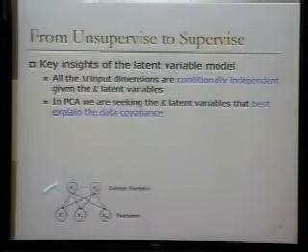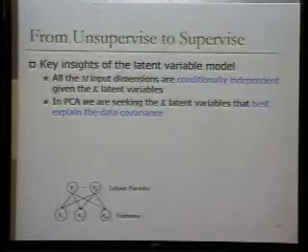So given the latent factors, these dimensions are independent of each other. In this way, we can think PCA is trying to look for k latent variables that best explain the data covariance, because after you make this projection, the dimensions of features are independent of each other. So this is a key insight of the unsupervised latent variable model.